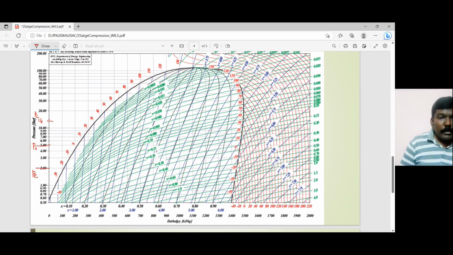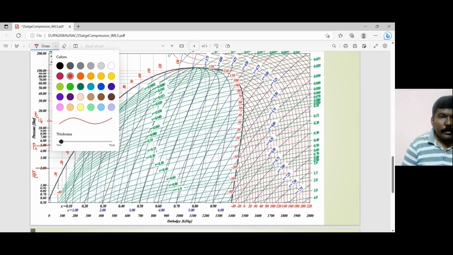Okay, so now the state point number 1 lies on the evaporator pressure level, and that is on the saturated vapor line. So this is supposed to be my point number 1 over here. Okay, so shall we use some other color over here, because there is already a red. Let me use, I'm not sure whether yellow will be visible.